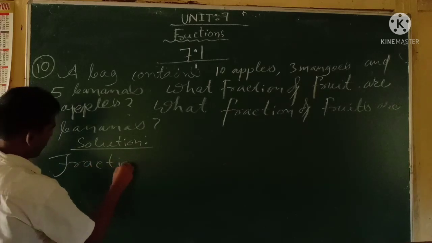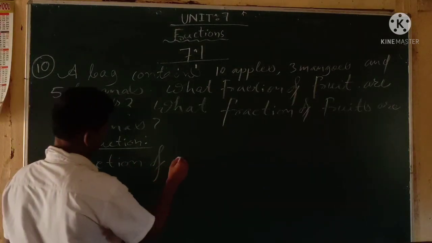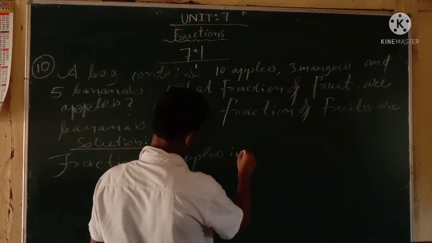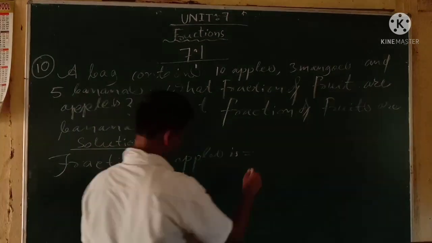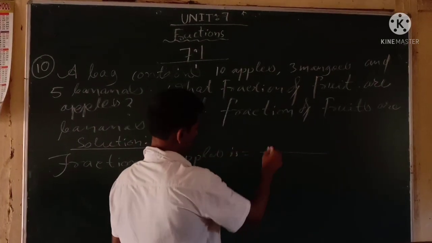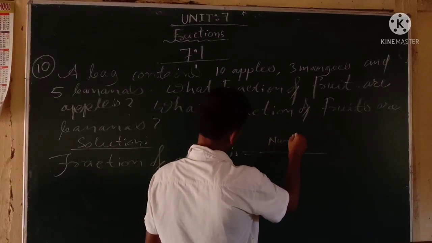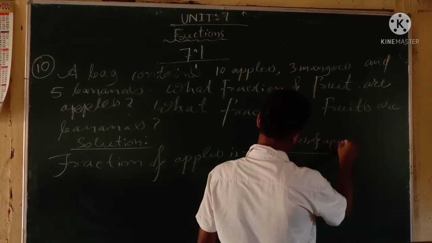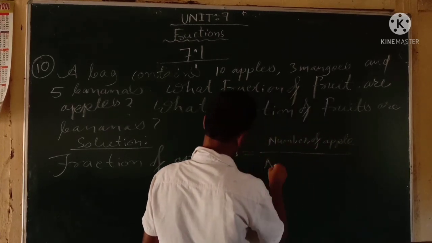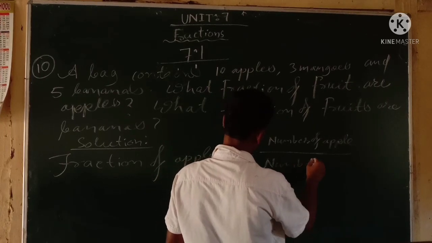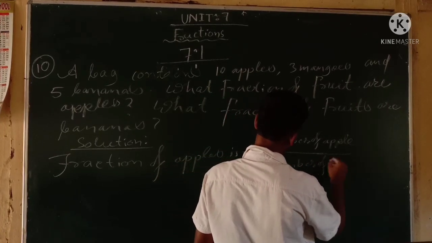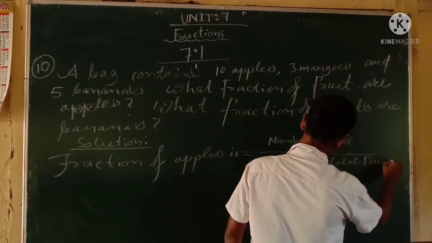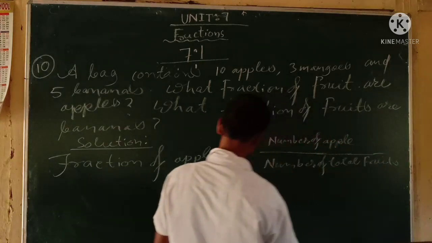The fraction of apples is the number of apples divided by the number of total fruits.